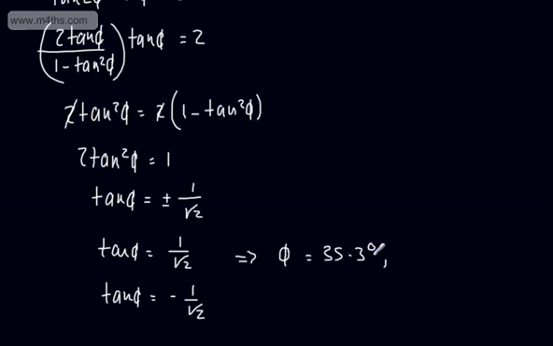Then we add multiples of 180. We know the tan curve cycles every 180, so if I add 180, that gives 215.3 degrees, and the next one will be outside the interval.